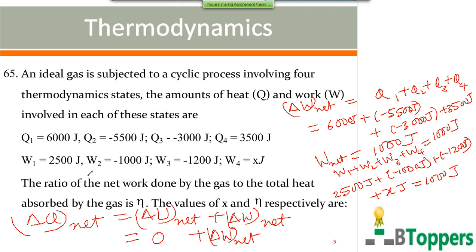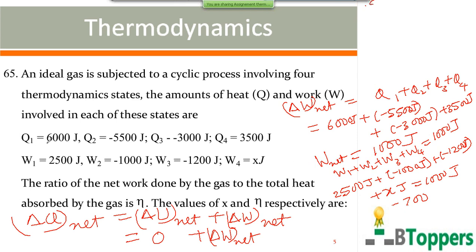So did you simplify this calculation part? If you simplify this, you get X equal to 700. And next you have to find the efficiency. So efficiency is equal to net work done during the cycle divided by heat absorbed.